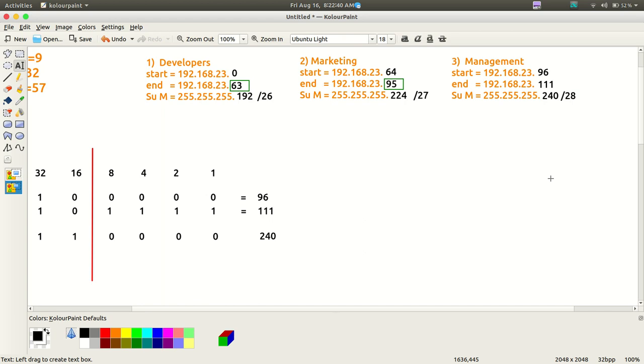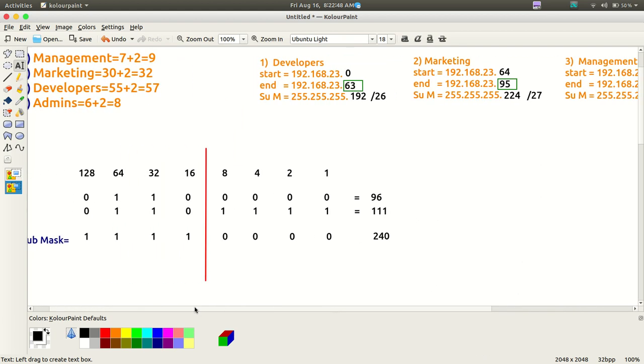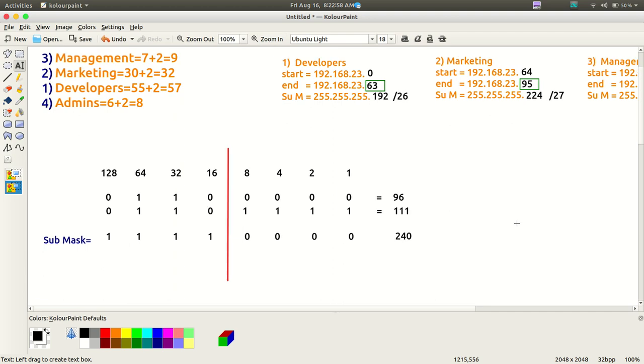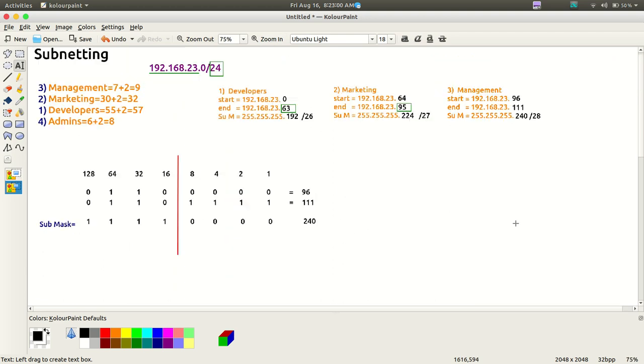Understood? So I showed you how to calculate 3 departments. Still I have one department pending, which is the admins department, which requires 8 IP addresses. So you have the calculation up here.